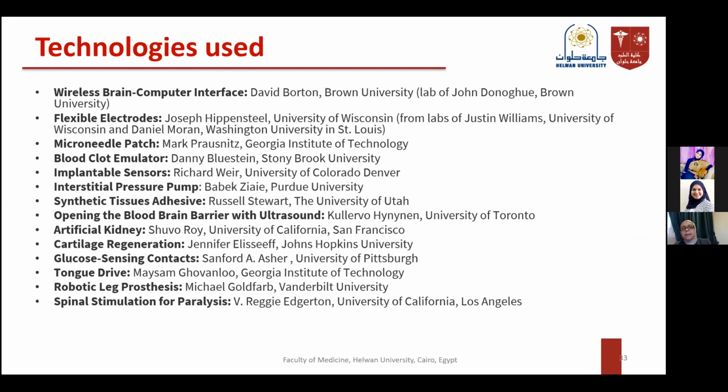Okay, it has a wireless brain-computer interface that we have discussed. It has flexible electrodes. It has microneedle patches, and I will tell you what the microneedle patches are in the drug delivery system. It has a blood clot emulator so that the blood will not clot inside the heart.